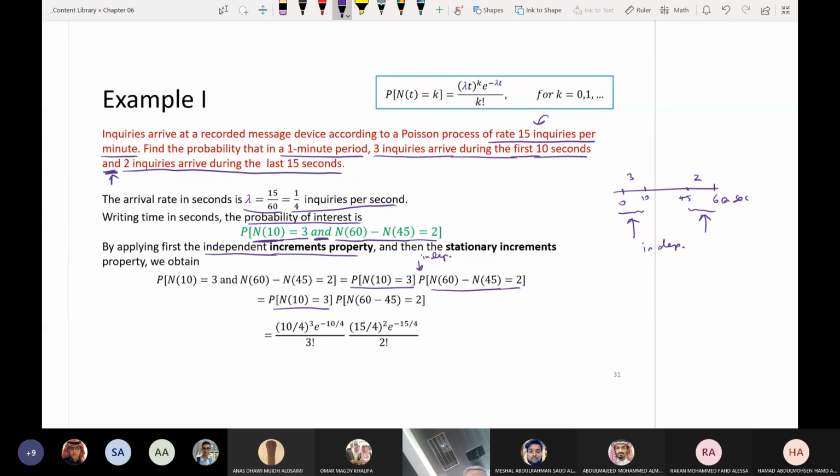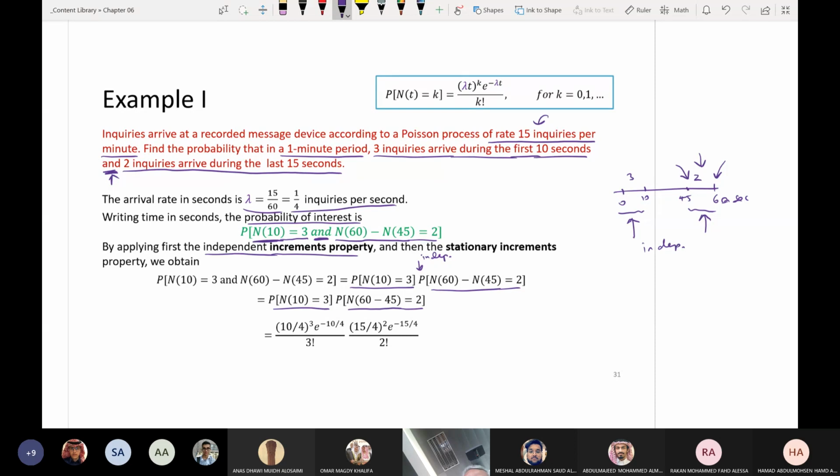The number of arrivals here minus the number of arrivals here is the number of arrivals in the last 15 seconds, which is the probability that N of 60 minus 45, what arrived within these 15 seconds, equals 2.